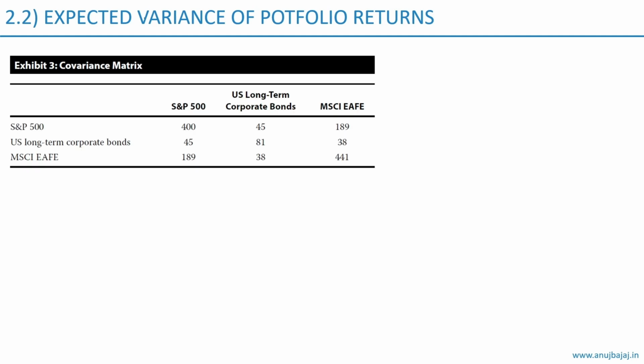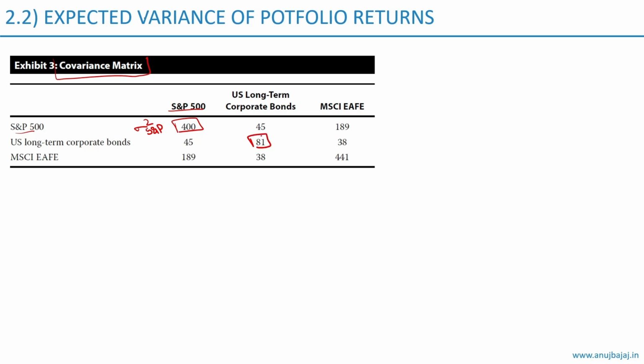Continuing with the previous example, let us see how we calculate the expected variance of the 3 asset portfolio. This is the covariance matrix. So this term 400 represents the covariance between S&P 500's return and S&P 500's return. So this is nothing but the variance of S&P 500.